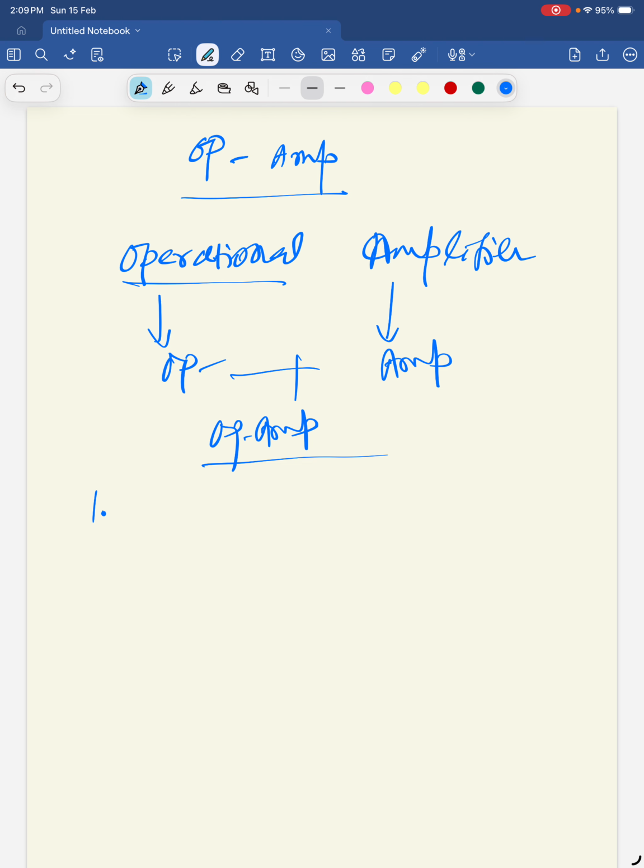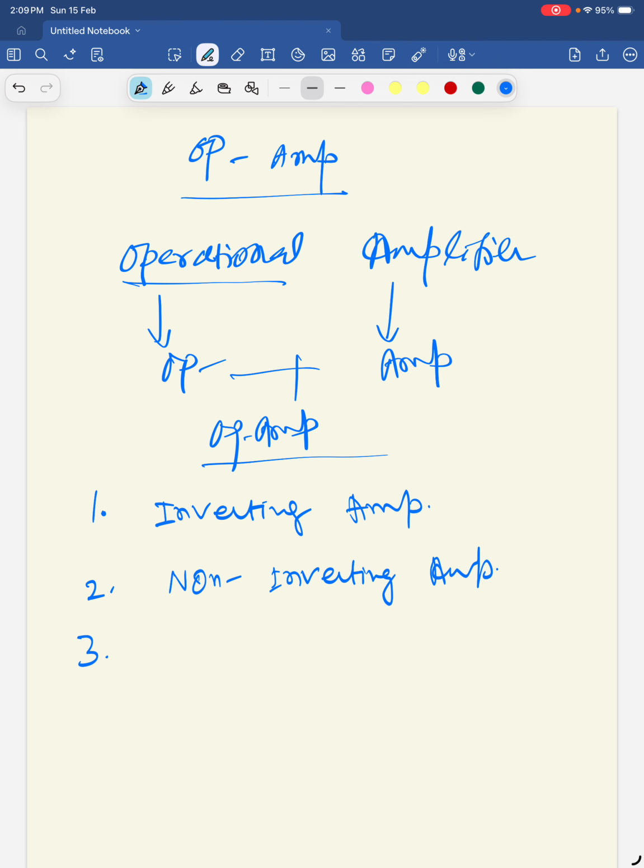First one is inverting amplifier, op-amp as inverting amplifier. Number two, op-amp as non-inverting amplifier. Number three, voltage follower. Number four, a difference amplifier.